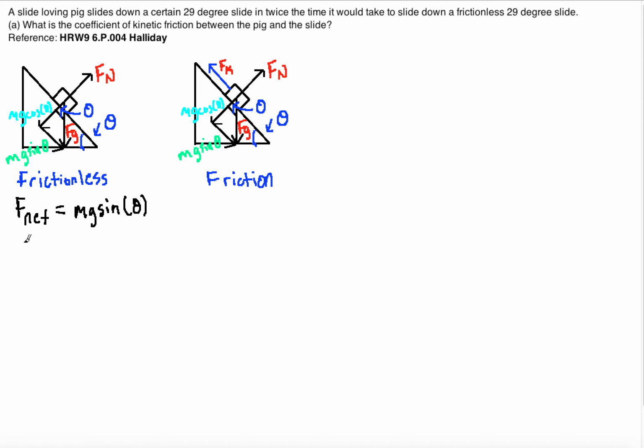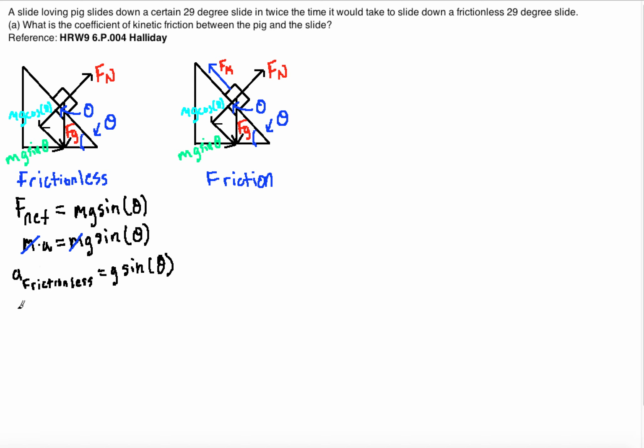I can simplify that by writing mass times acceleration, because F net, is equal to mg sine theta once again. However, the masses will cancel, and what we're left with is that the acceleration of the frictionless system is equal to gravity times the sine theta.